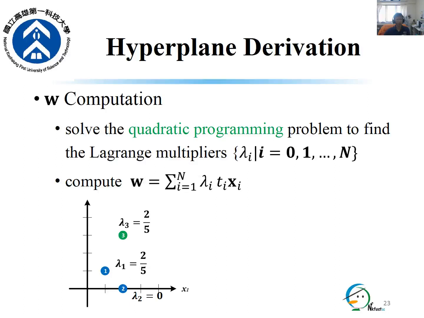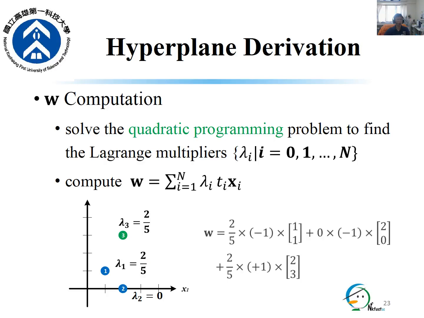For example, if the Lagrange multipliers for these three samples are 2 over 5, 2 over 5, and 0 respectively, according to this equation, we have W equals to the vector 2 over 5 and 4 over 5.